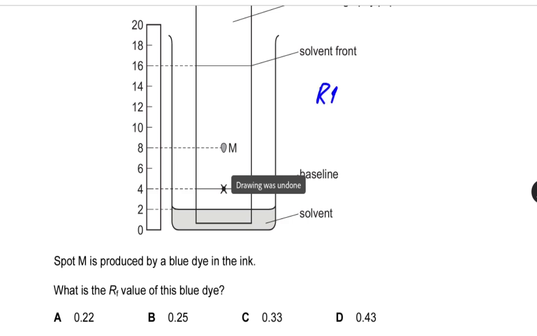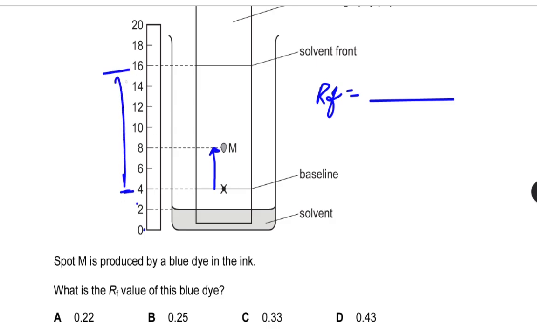So what is the distance traveled by the solvent? We have to calculate it because the scale starts from there, so we have to subtract the value. This is the solvent front. So 16 minus 4, you have to subtract, so the distance traveled by the solvent becomes 12.